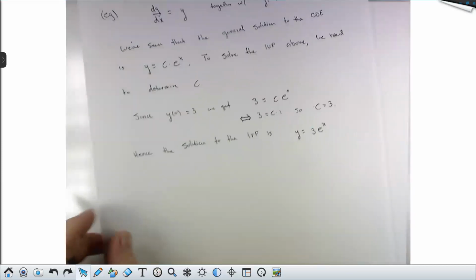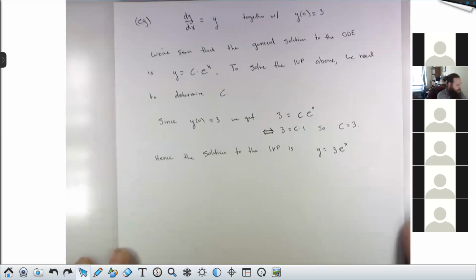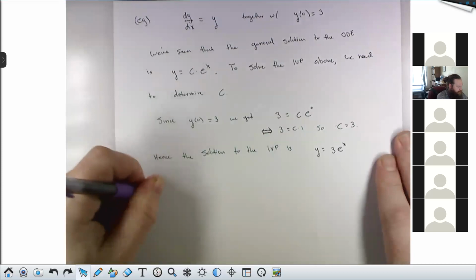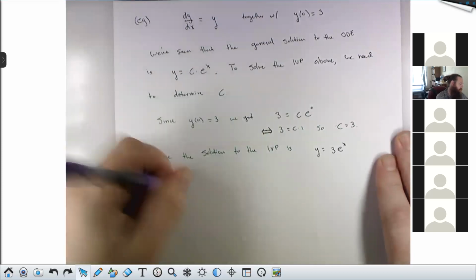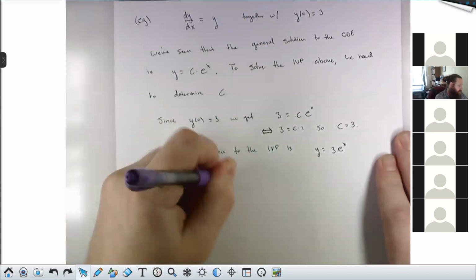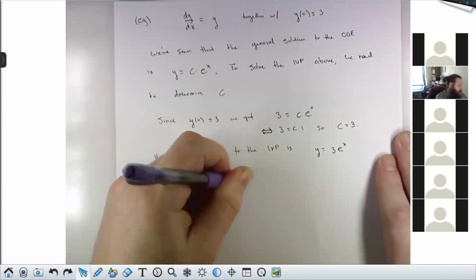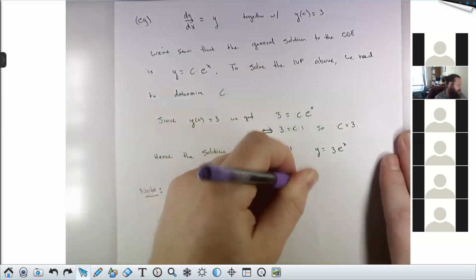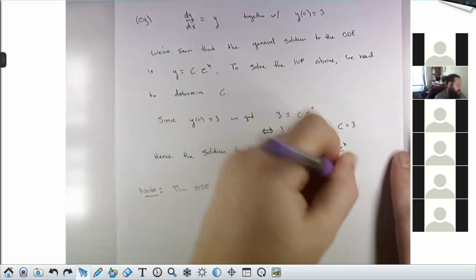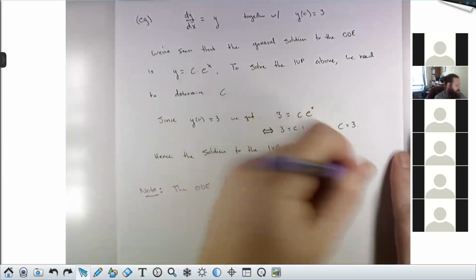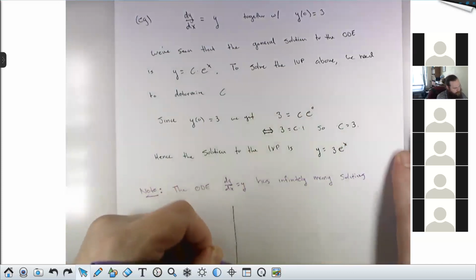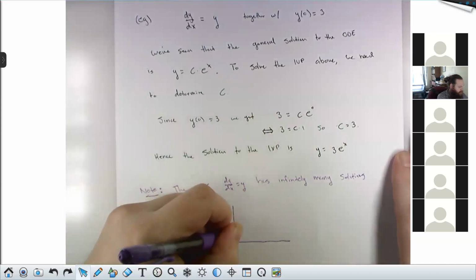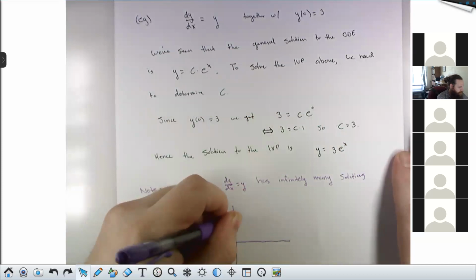Maybe before, hang on one second. So we'll do this in purple. Let me go ahead and write down what we just said. The ODE dy/dx equals y has infinitely many solutions. So here, let me draw a few of them.